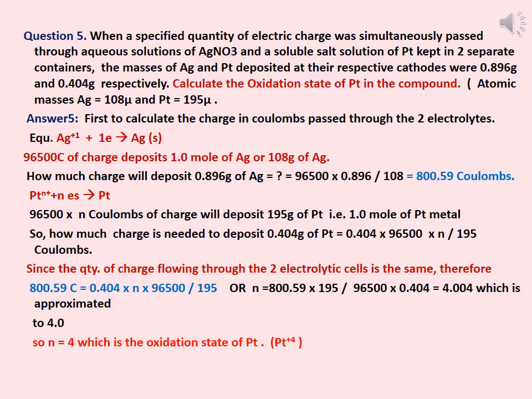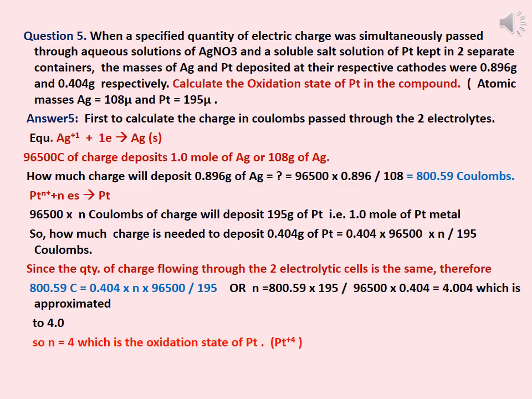Question number 5. When a specified quantity of electric current was simultaneously passed through aqueous solutions of silver nitrate, AgNO3, and a soluble salt solution of platinum kept in two separate containers, the masses of silver and platinum deposited at their respective cathodes were 0.896 gram and 0.404 gram respectively.